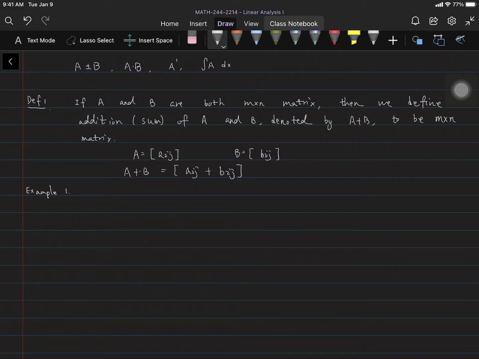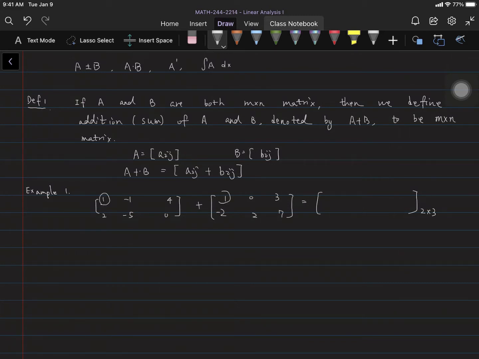Example 1. So let's take a look at those two. 1, negative 1, 4, 2, negative 5, 0. This is 2 by 3. And we add another 2 by 3. Okay, the sum is going to be 2 by 3 again. We just add the corresponding elements.